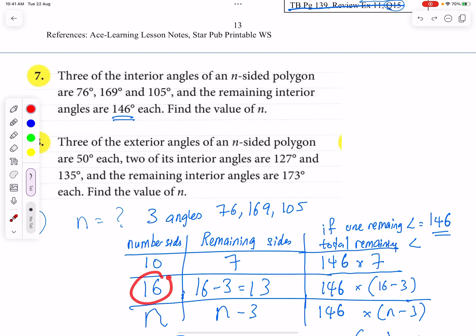Now, if I have 16 sides, then 3 angles I already know. Remaining sides will be 16 minus 3. And then I will take 146 times 16 minus 3. If I have n sides, then it will be n minus 3. Then it will be 146 times n minus 3.